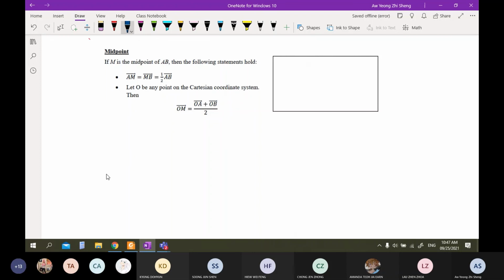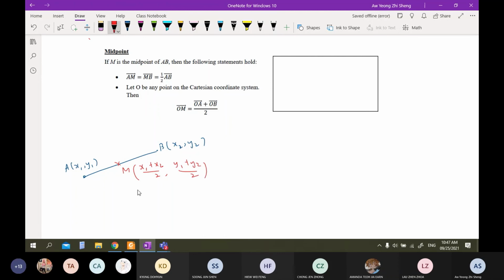Let's just consider a 2D diagram first. Let's say my point A has coordinates x1, y1, and point B has coordinates x2, y2. We all know that the midpoint formula is x1 plus x2 over 2, y1 plus y2 over 2.